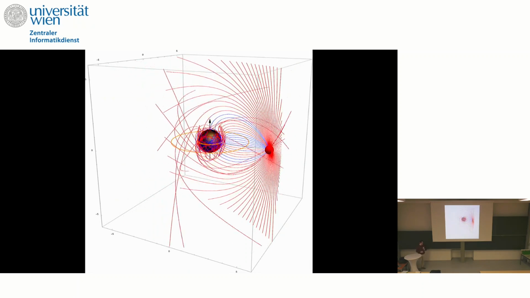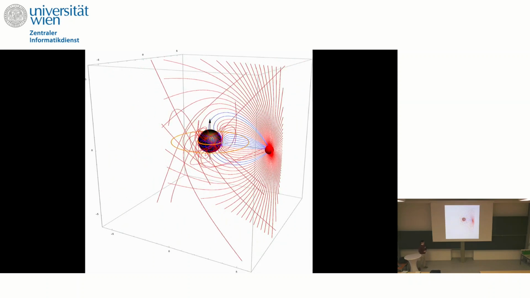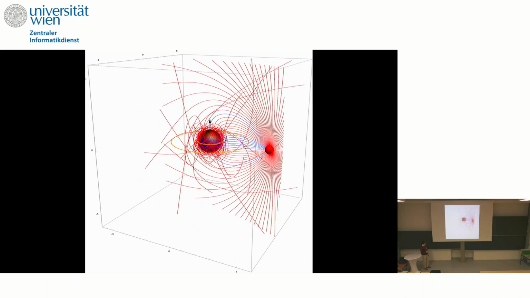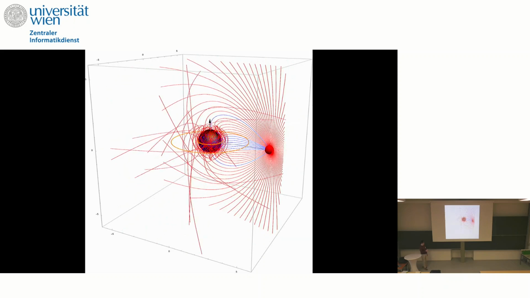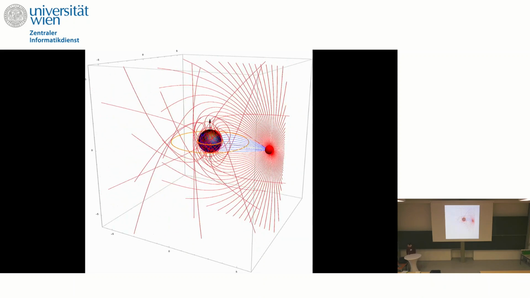So they are very sensitive with respect to the changing of the initial conditions, and it looks like chaotic behavior over the shadow, which is because of the existence of this stable photon ring and this complicated behavior of the orbits.